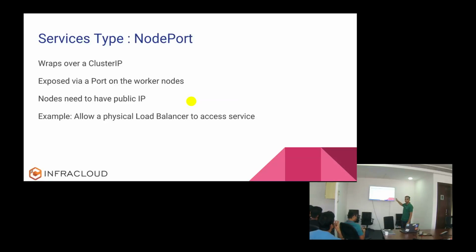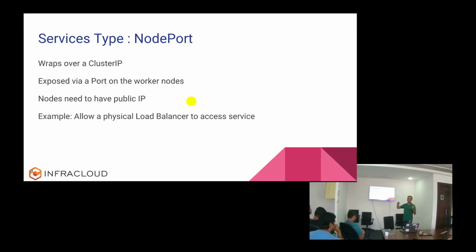The next service type is node port. Node port is a service type which is kind of a wrapper over cluster IP. Whenever you create a node port, it also internally creates a cluster IP service. What node port does is it does everything that the cluster IP had done, but it also exposes that service to a predefined port on your worker nodes. There is a port range of I think 30,000 to 32,767 or some port numbers.